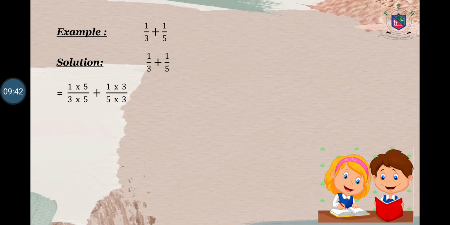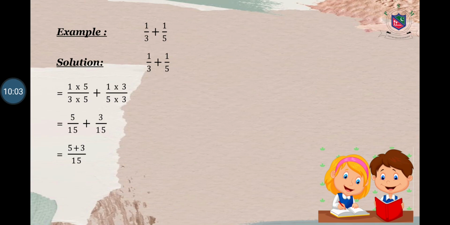So, here you can multiply the first fraction by the second denominator and the second fraction by the first denominator. So 1 times 5 will be 5 and 3 times 5 will be 15. 1 times 3 will be 3 and 5 times 3 will be 15.